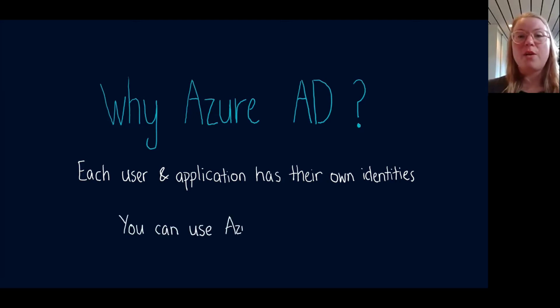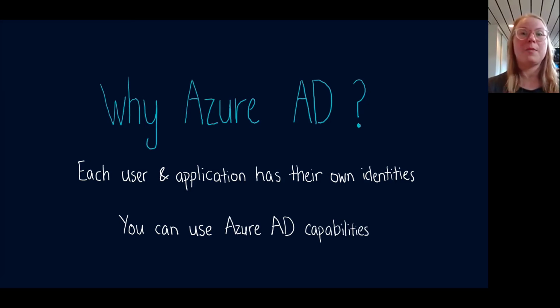But on the other hand, we also can use the capabilities that are within Azure AD because it is a full identity system. And that means that we're able to create the groups, for example, to ease the management overhead of the access control. But on the other hand, we are able to leverage things like multi-factor authentication to have that second set of checking, like, are you really who you claim you are?